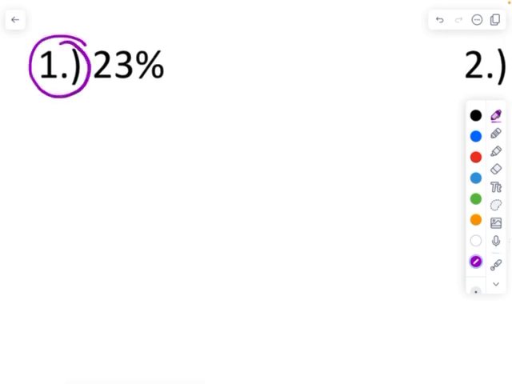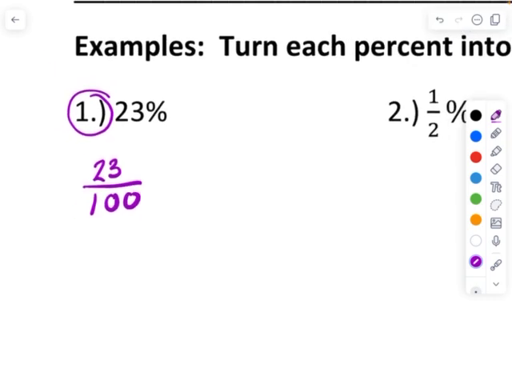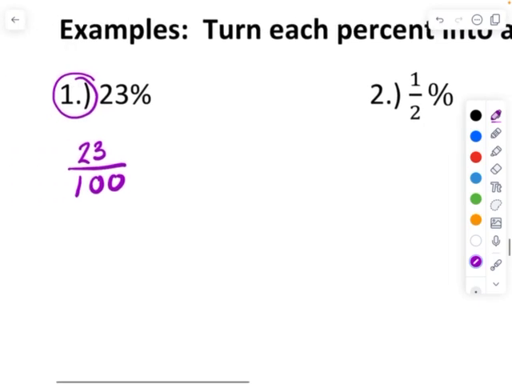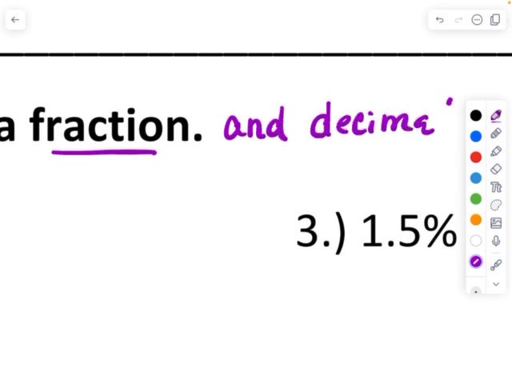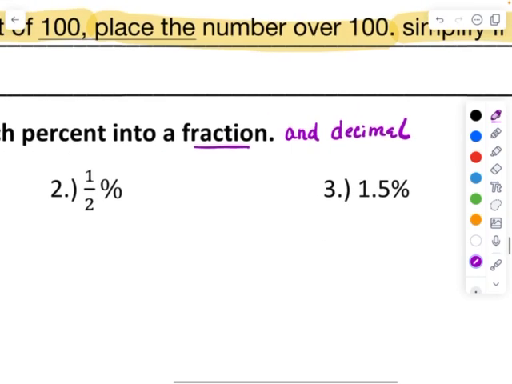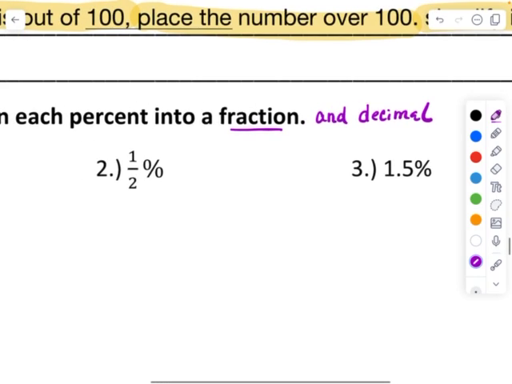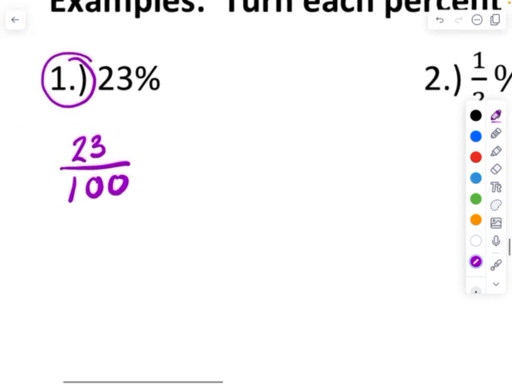Remember, our rules say because a percent is out of 100, place the number over 100. So 23% can be written as 23 over 100. I also would like you to write the decimal. I forgot to have you do that. Okay, so write fraction and decimal.